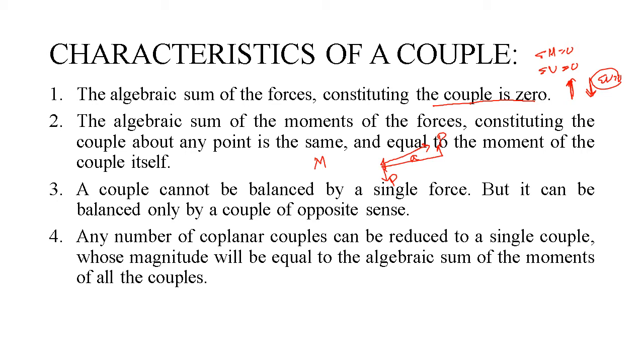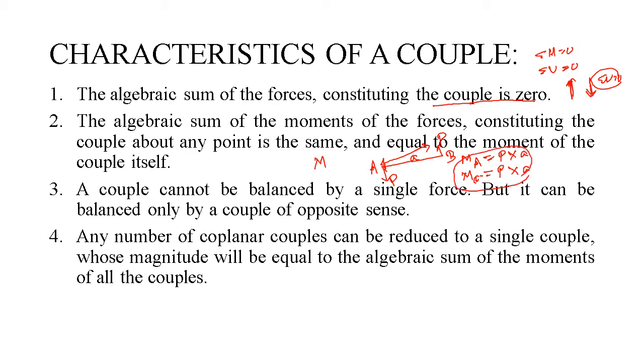Suppose you take A as a fixed point, the moment is P into A, and the moment of the couple is the same P into A. So the moment and the couple value are the same.